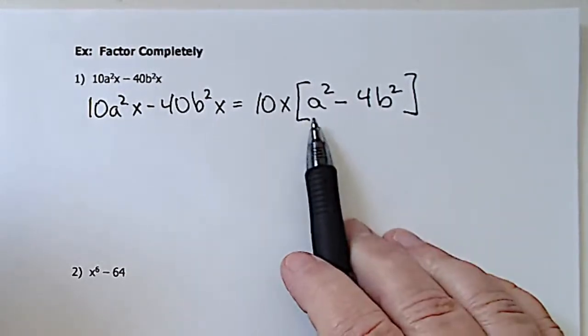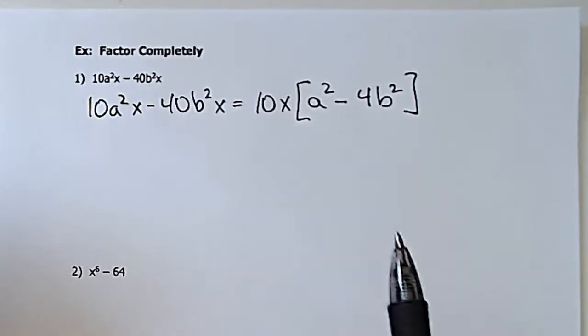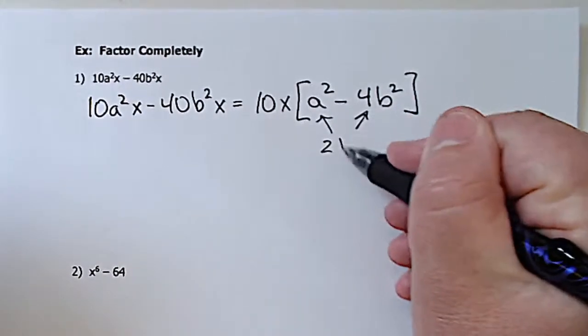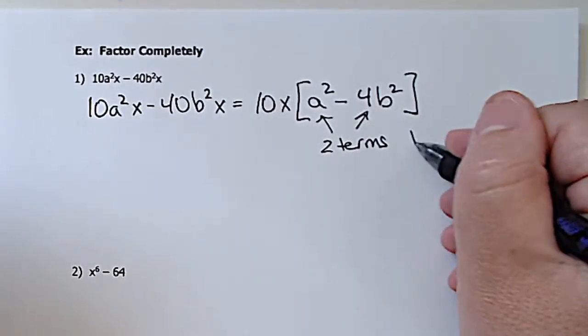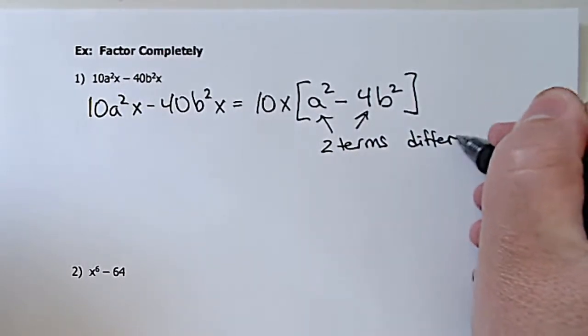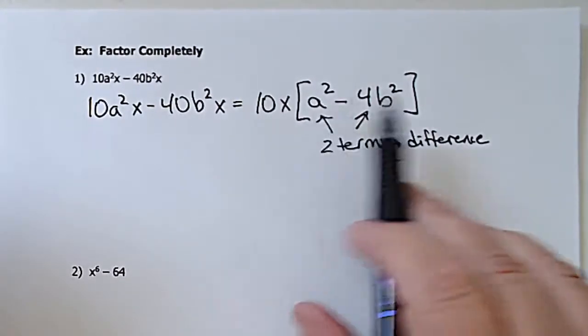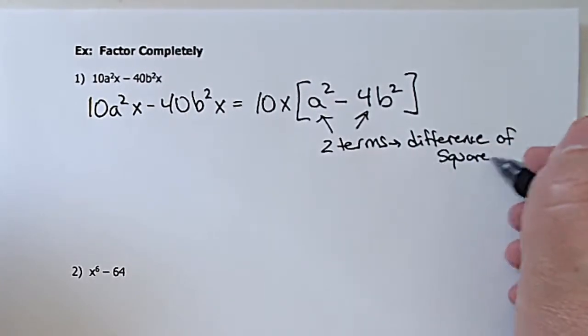And you can use brackets or parentheses. You know how much I love brackets. So I love throwing those brackets in there every time I can. But you could use parentheses too. And now I've got two terms. I've got a minus, so it's a difference. And then I look and I see a squared, b squared, difference of squares.